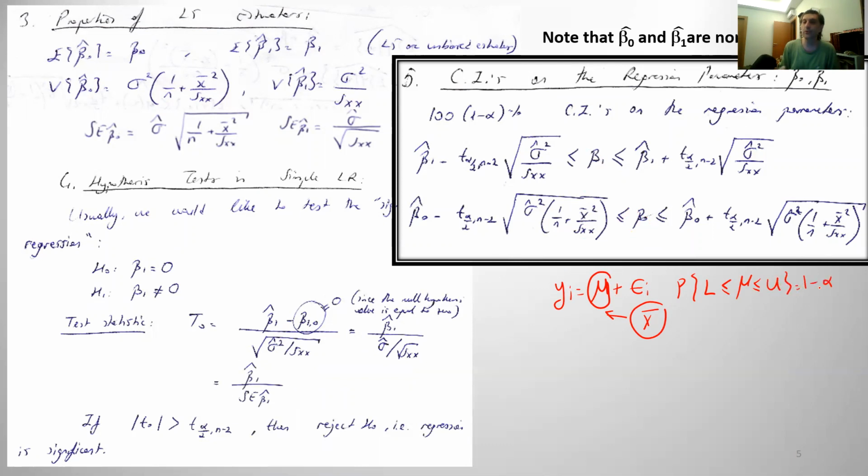That was the 1 minus alpha kind of case. And we conducted hypothesis tests on this mu. Now, I said that mu is like beta 0 and beta 1, but on the other hand, we can find another term which is much more similar to mu. Note that this mu is actually equal to the expected value of y. And x bar is, as I said previously, mu hat, which is equal to the expected value of y hat.